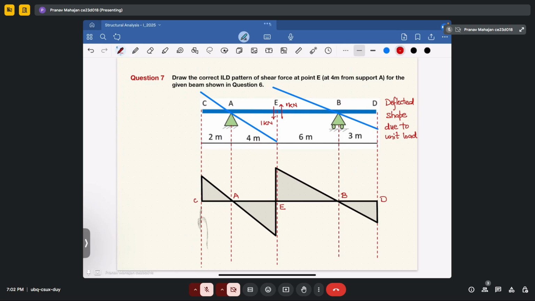Bending moment diagram you have already drawn in the previous question. Similarly, you have drawn the shear force diagram.